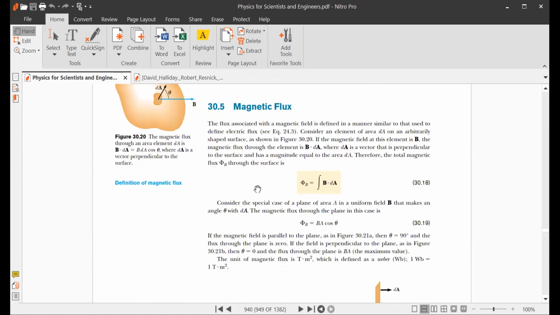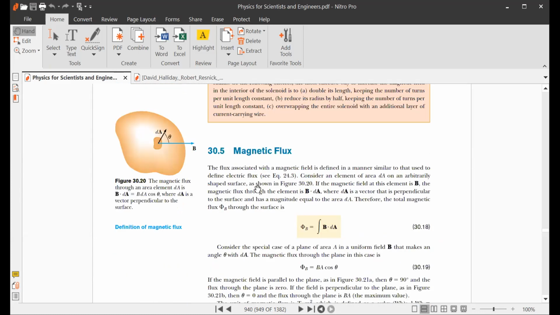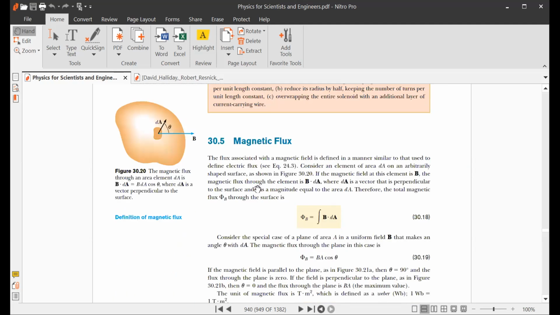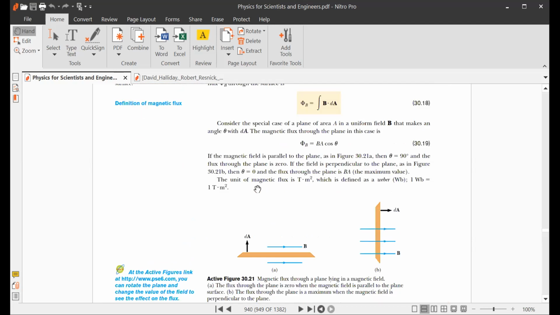Any question? What does the small n stand for again?